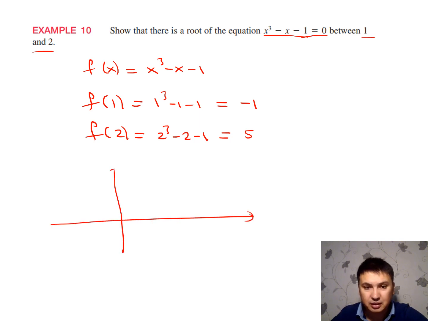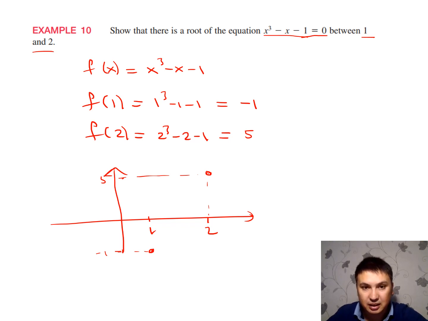However, we can plot these points. So here is my 1, here is the 2, and at 1 I have a negative value, so it's somewhere here. At 2 it is 5, so somewhere above, let's say this is 5, right here. And then I need to sketch a graph.